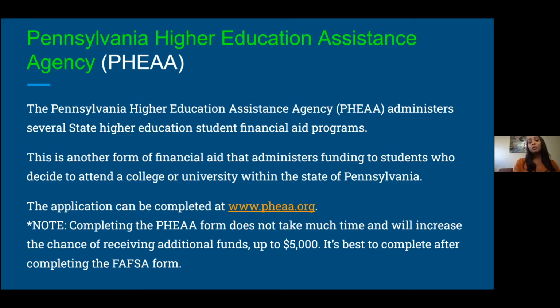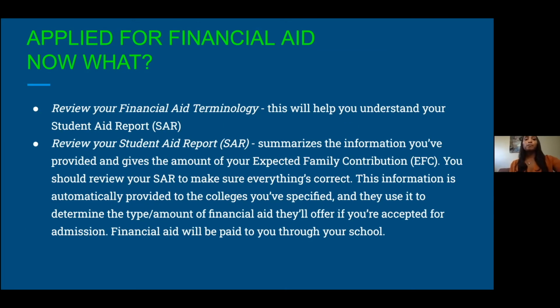I wanted to put a special note too, that it's not going to take as much time to fill out as the FAFSA application, but it will also increase your chance of receiving additional funds up to $5,000. So you don't want to miss out on that. Once again, it's best for you to complete the FAFSA application right after you fill out the FAFSA form.